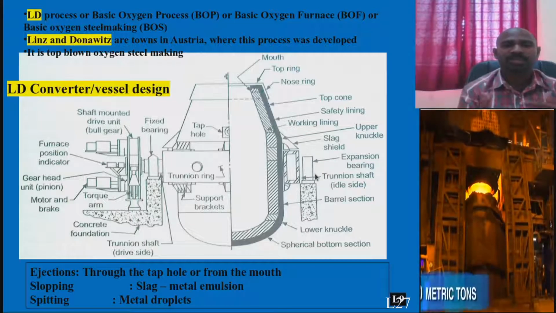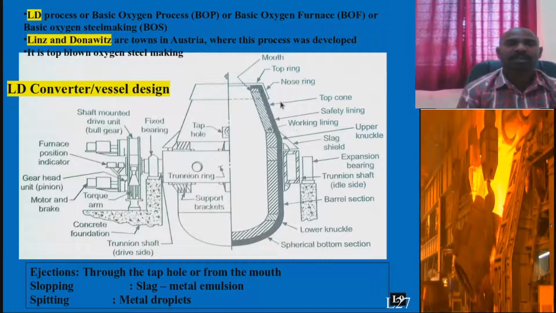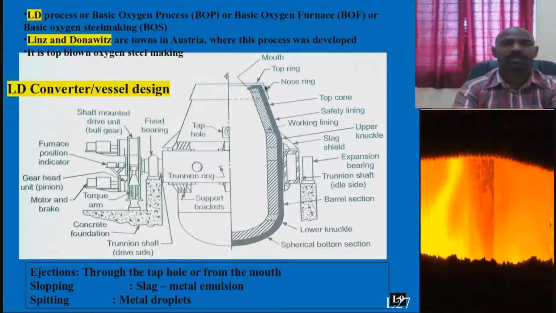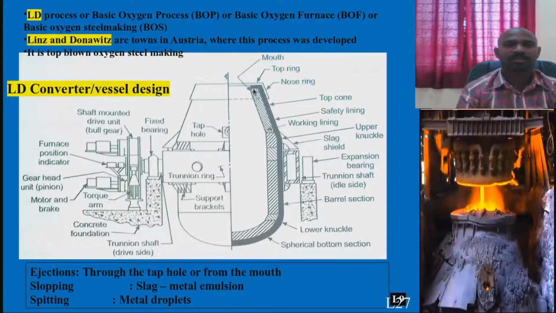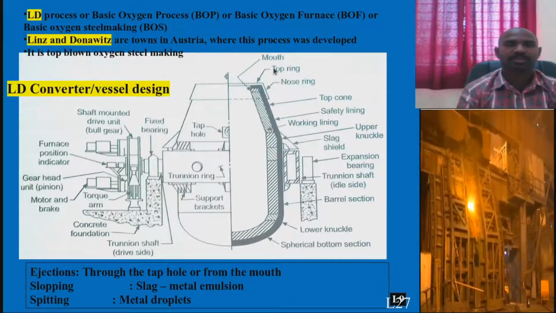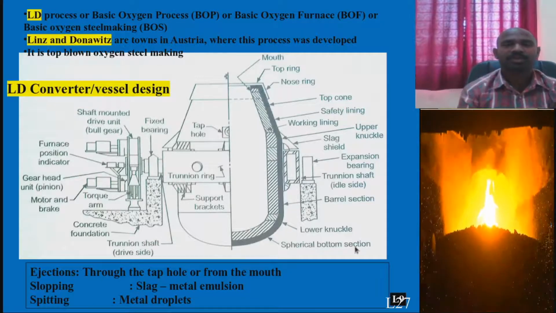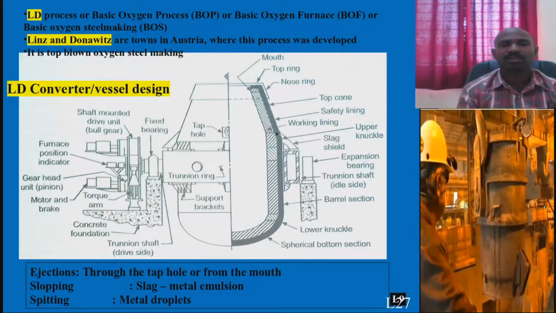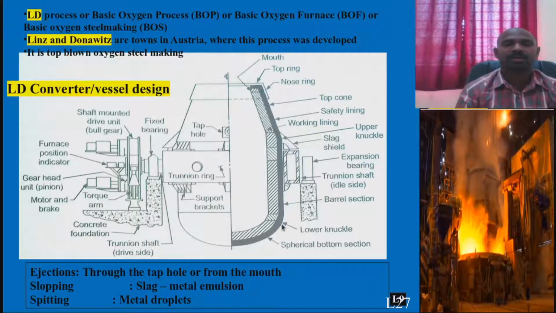And the broad classification of this design: this top part is called the top cone shape, this is called the nose, this is the mouth, and this is a kind of top ring closing of the vessel. The bottom part is a spherical shape bottom, and in between there are knuckles, an upper knuckle and a lower knuckle.